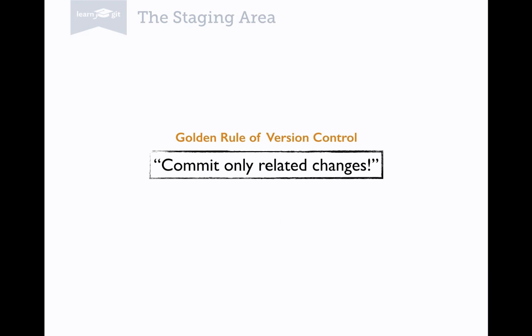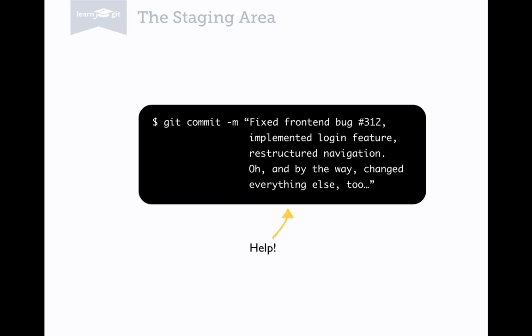I'll make an example. This is an example for a bad commit message because, well, I fixed front-end bug number, blah, blah, blah, implemented login feature, restructured navigation, and did everything else in just one commit. So this is actually like a folder on your disk where you cram in everything.